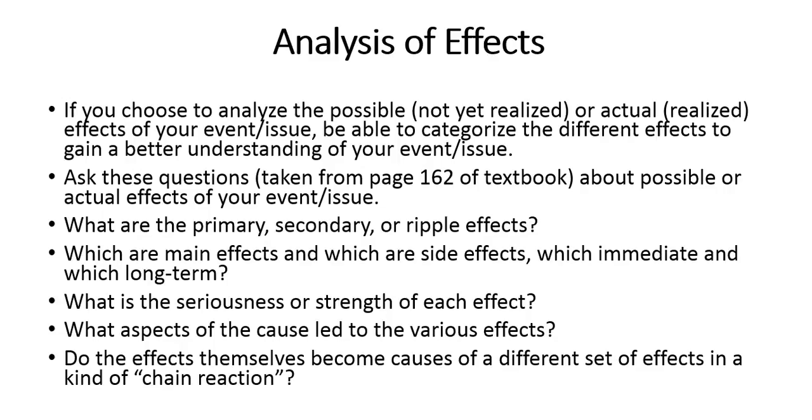These categories carry the same meaning as with the causes. The primary effects are just the direct effects. If this happened, this is going to happen. There's no question about it. Secondary is one step removed. This happens, but it is dependent on something else in order to bring about this effect. And ripple effects are further removed from that.